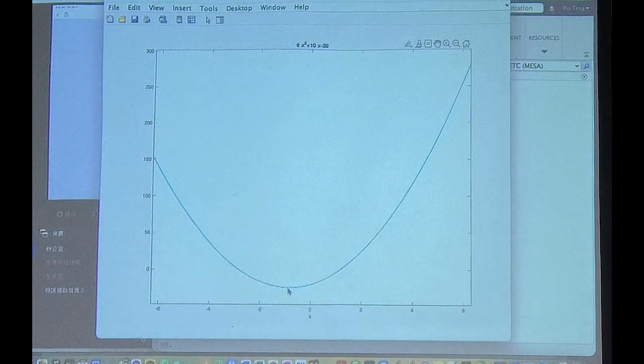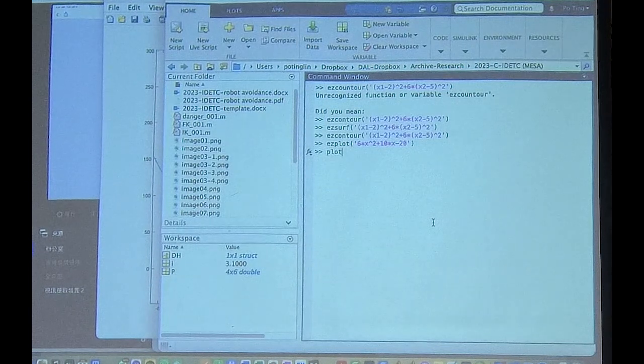So right here at the bottom, if I plug in the value, plot, just to show you where the position is.